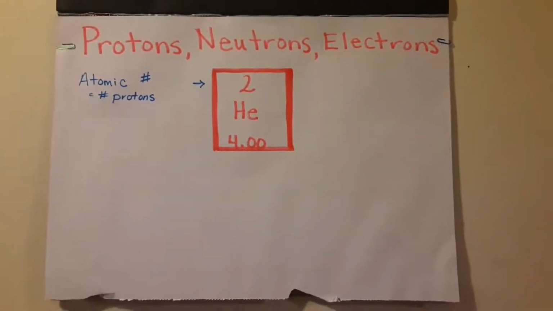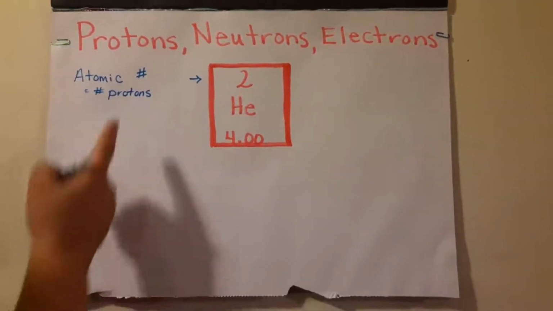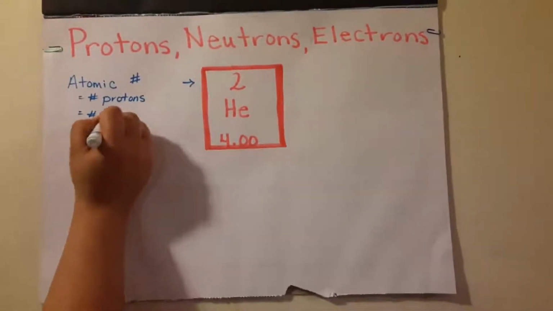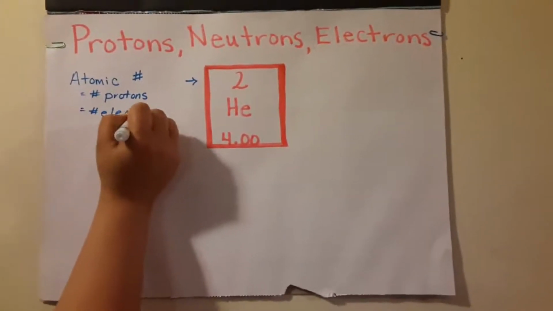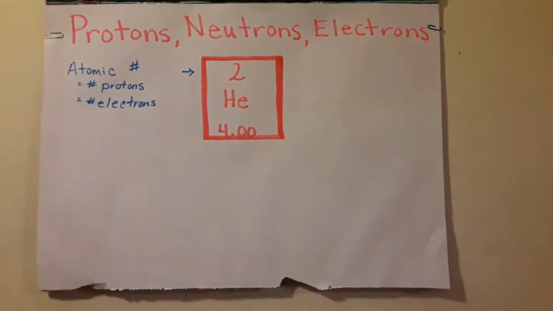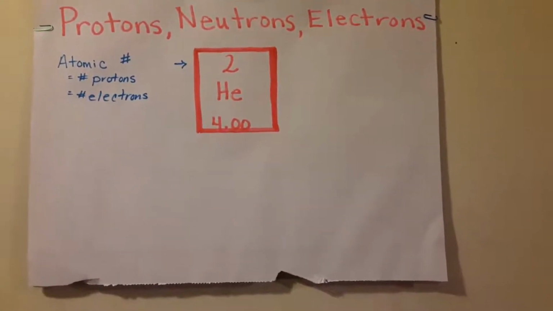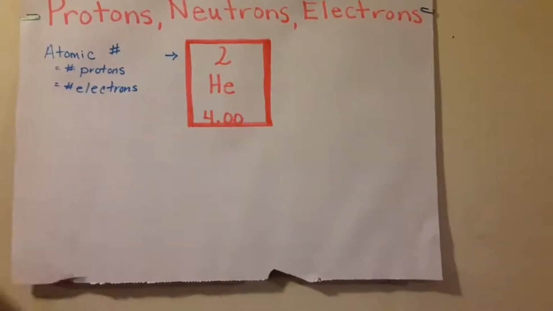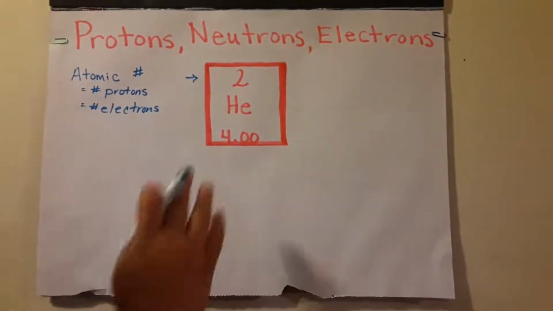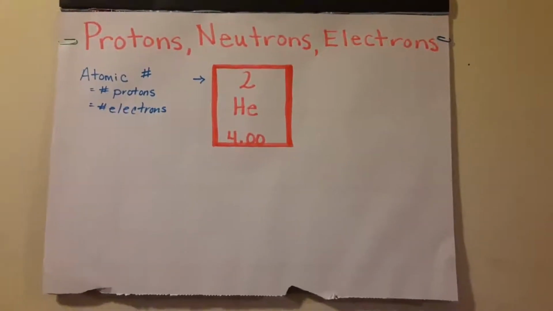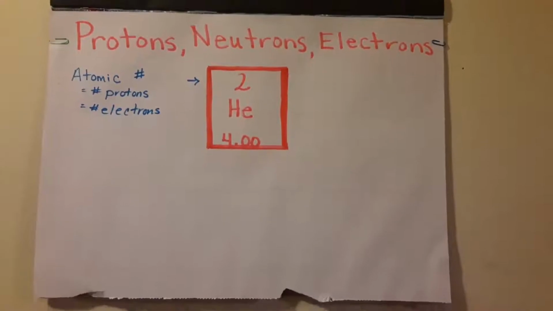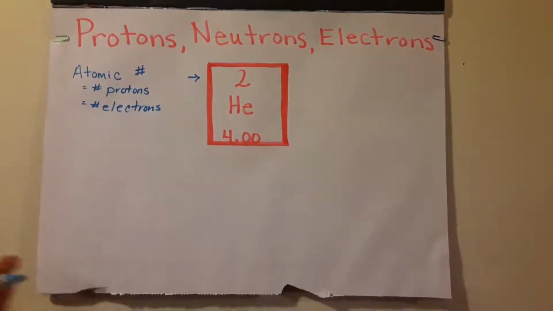What is also just as interesting, the number of protons you have is also the number of electrons you have for that particular element. So in just this one square, we've been able to determine the number of protons and electrons within this particular element.